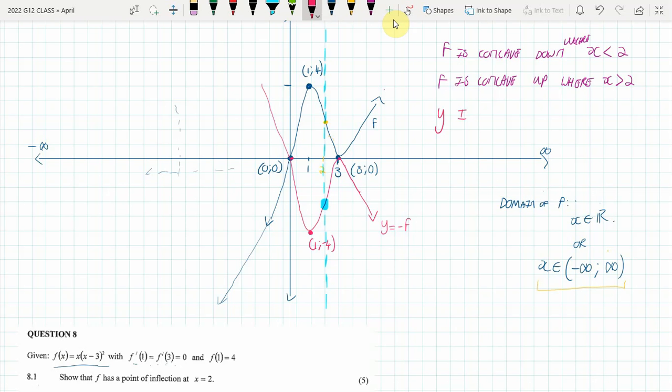So it's important to know how to visualize reflections or all sorts of transformations, as well as the derivatives. Tomorrow we are going to go a little deeper into the relationship between the graphs of the function and its derivatives. Did you do that in class? No, not yet. Okay.